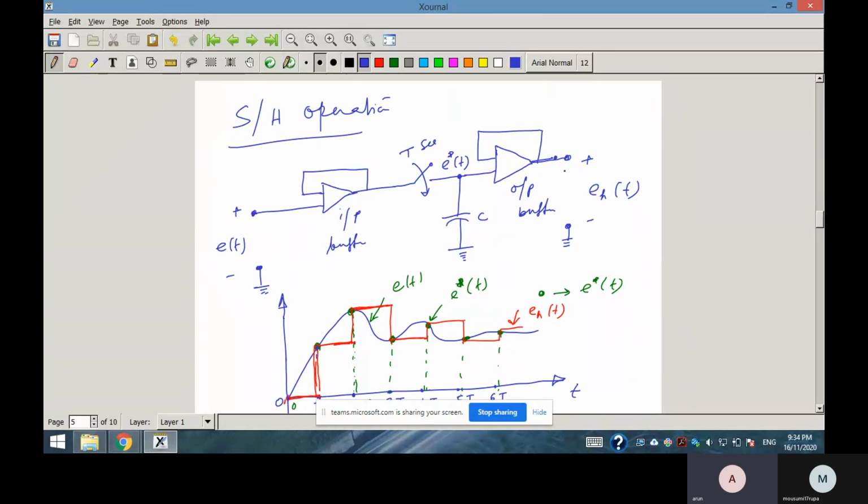So here another output buffer is given, so that this capacitor again will not be loaded. Here input current will be 0. Okay, capacitor, and here again the buffer means output impedance is 0, input impedance is infinite.